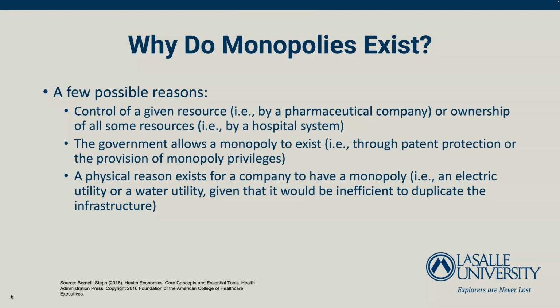We could also have a situation where the government allows a monopoly to exist through the provision of patent protection, periods of market exclusivity, or the provision of other forms of monopoly privileges. There might also be a physical reason for a company to have a monopoly, say an electric utility or water utility, given that it would just be inefficient to duplicate that infrastructure.